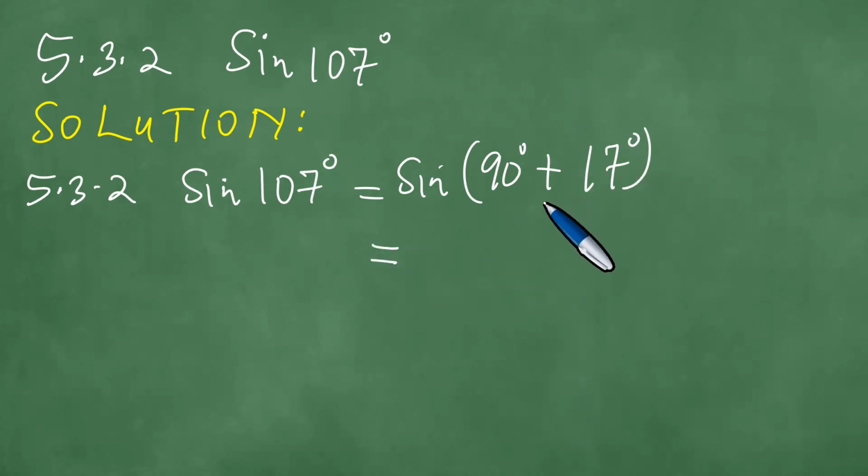In which quadrant is 90 plus? 90 plus is in the second quadrant where the sign is positive, but it changes to its co-function, so we get cosine 17 degrees by the CAST rule.